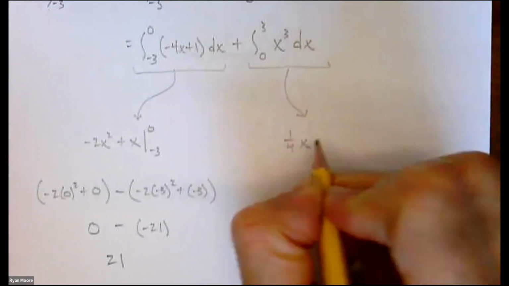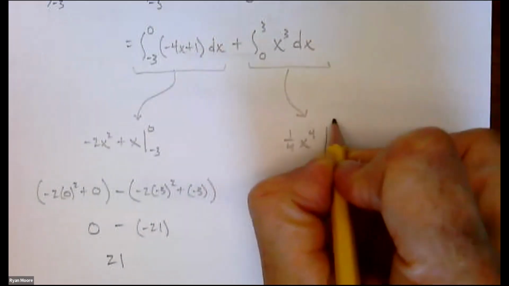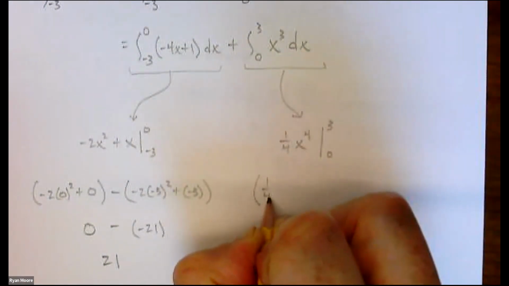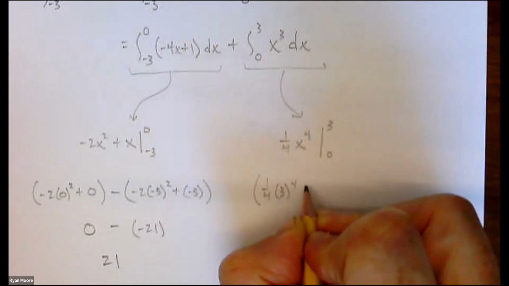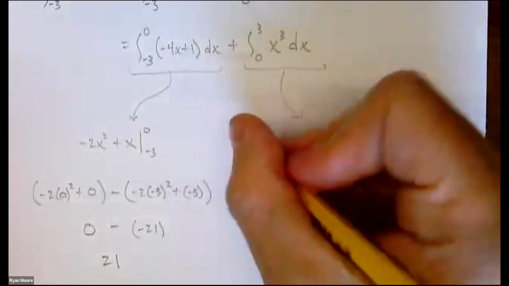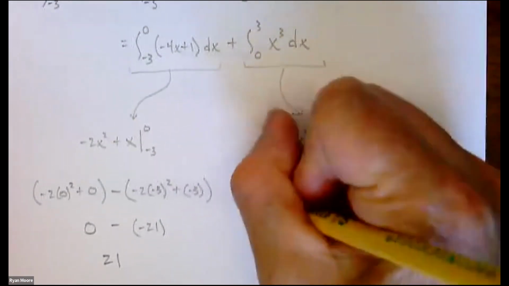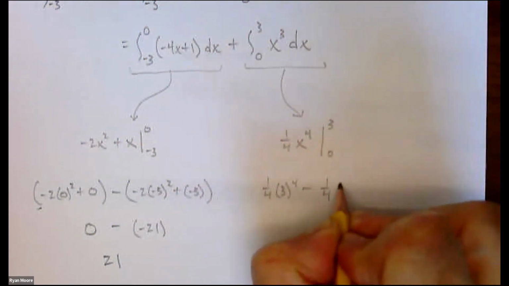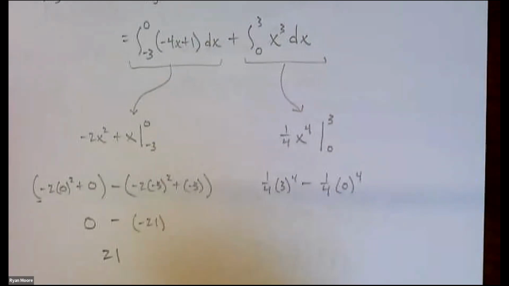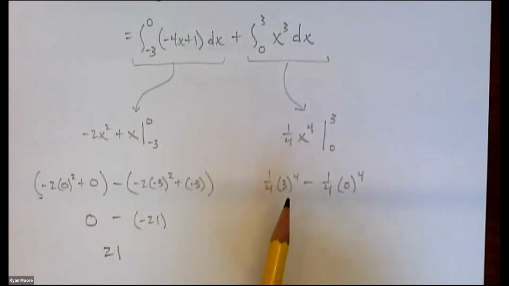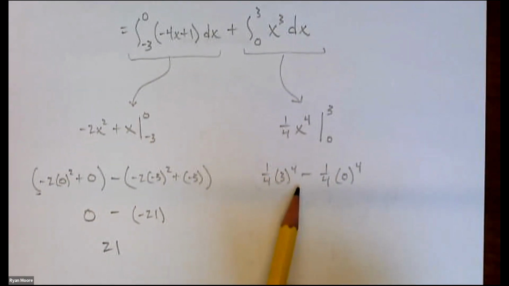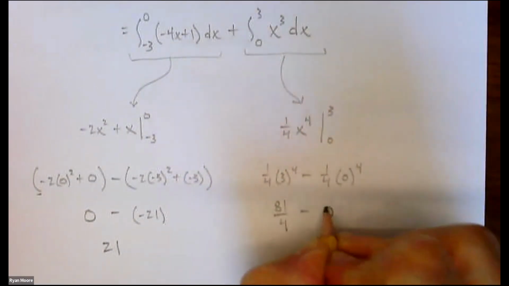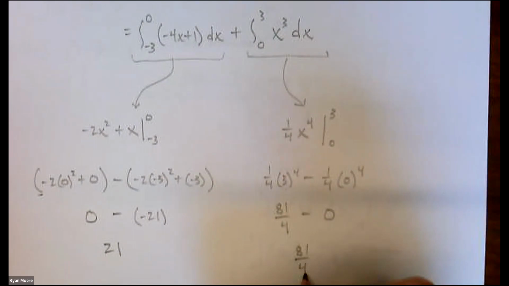And let's do this other piece here. That's 1/4 x to the 4th from 0 to 3. Plugging in the 3. Don't really need these big parentheses, there's only the one term. That'll work right there. Subtract, plug in the 0. Well, let's see. 3 to the 4th, that's 3, 9, 27, 81 over 4 minus 0. 81 over 4.